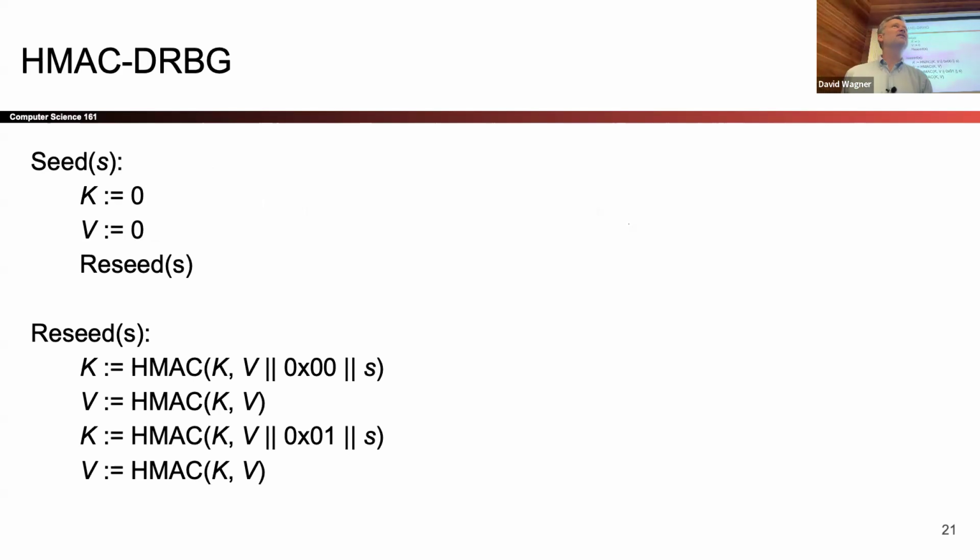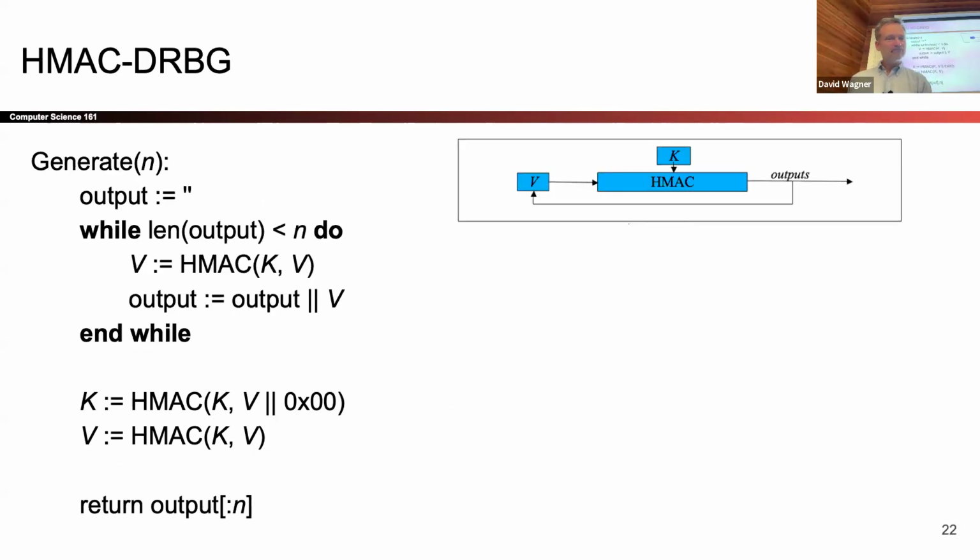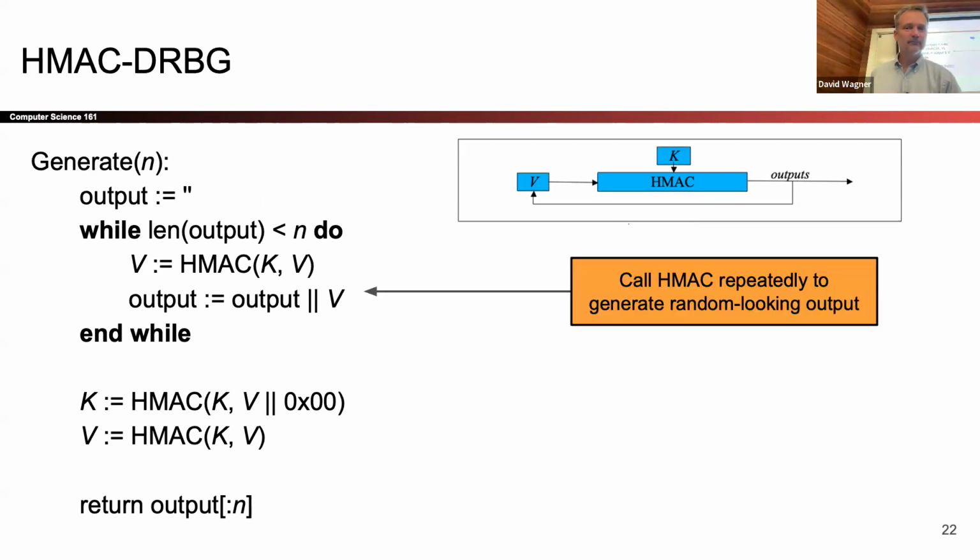You have some internal state values, and at each step you update those internal state values using HMAC, and then you can use that to generate output. The output of HMAC on the internal values is an output. And you can mix in new true random numbers by including them in the input to HMAC, and then update the state based on that.